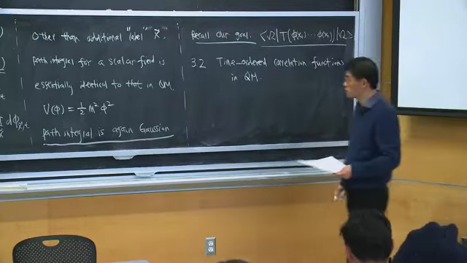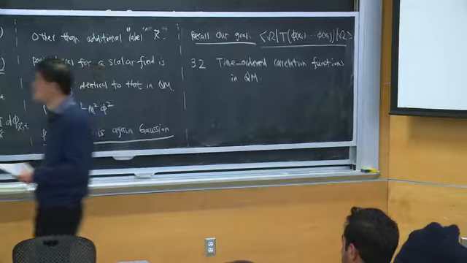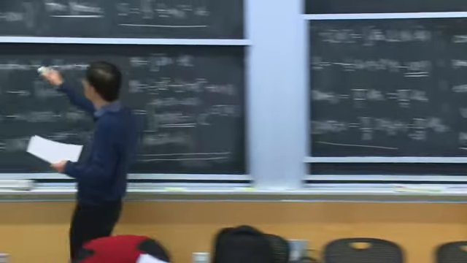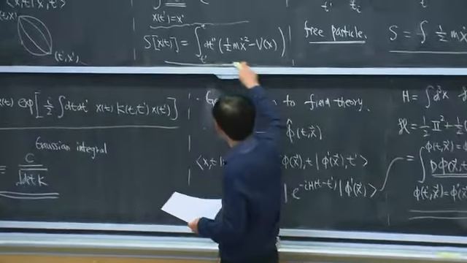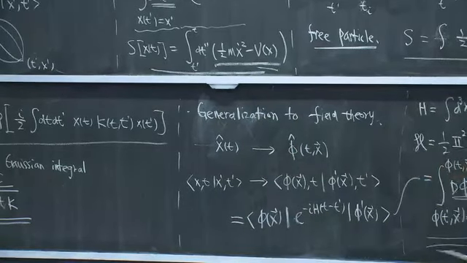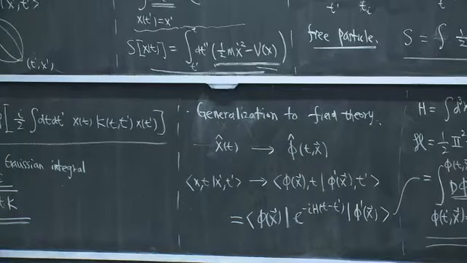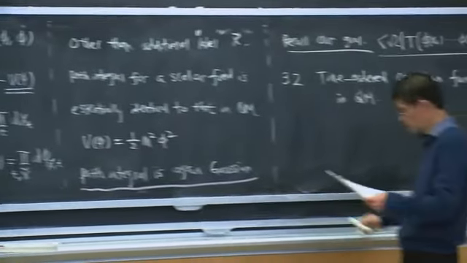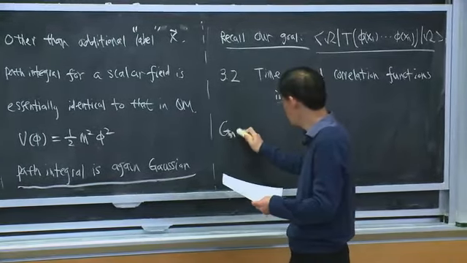Again, let's consider a system with a Lagrangian of this form, just a one particle theory. The analog of this object is this object, let's call it Gn.